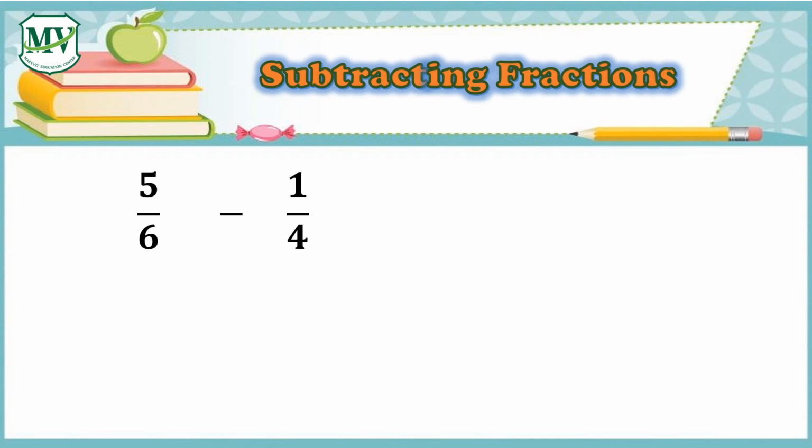We cannot subtract these fractions because they don't have the same denominator. To subtract these fractions, let's make their denominators the same. To do that, we take the LCM of these two denominators as their common denominator. What do you think is the LCM of 6 and 4?